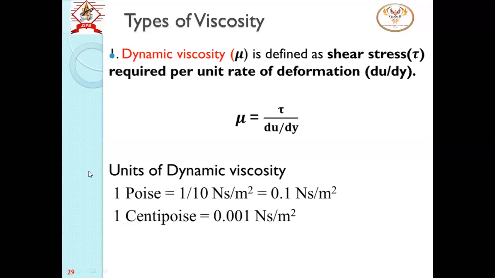So remember this conversion: 1 poise is 1/10 Newton second per meter square, or in other words 10 poise is 1 Newton second per meter square. So this is dynamic viscosity, mu is equal to tau upon du upon dy.